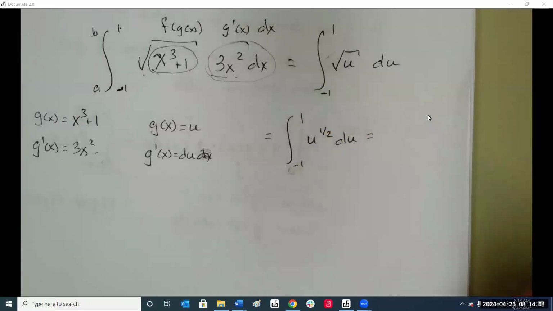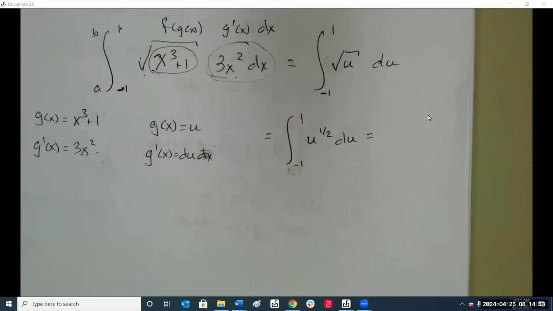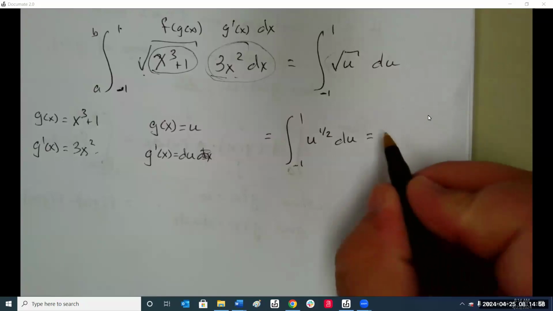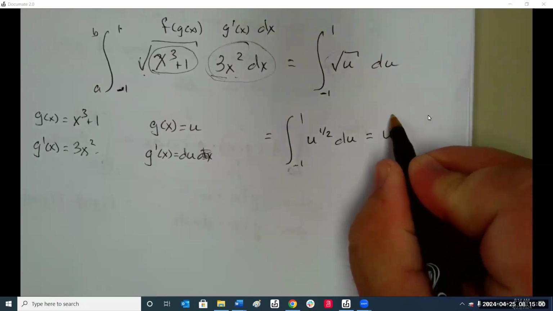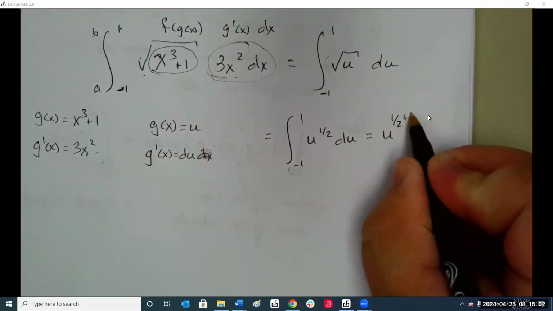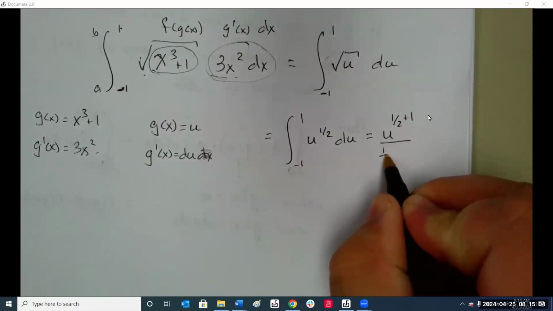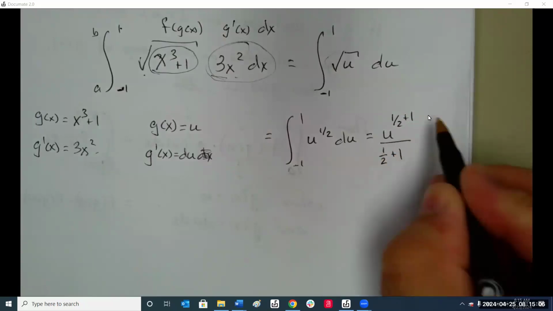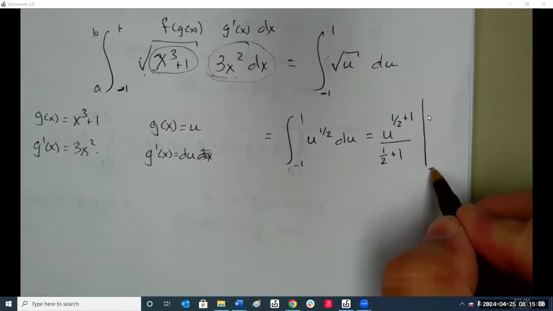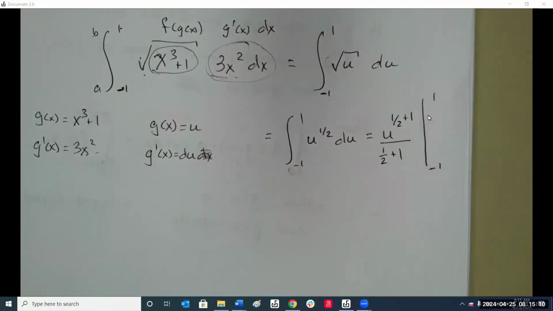What's the integral of u to the power 1/2? The integral is take the exponent, add 1, and divide by whatever that exponent is, going from -1 to 1.